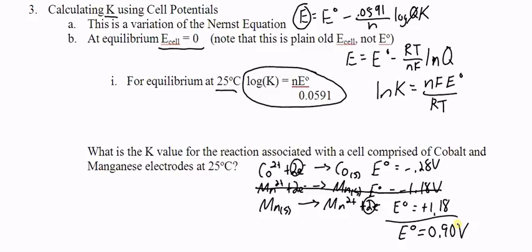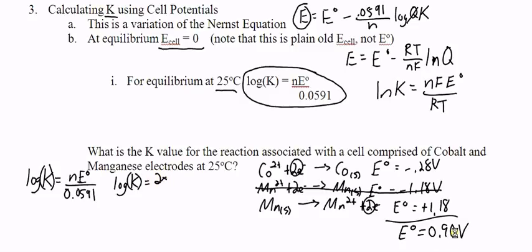So what we can do now is start working with the equation. So the log of K is going to equal, and I suppose we can keep that in parentheses for good measure, n times standard cell potential over 0.0591. So as we look at the work that we have here, we've got a lot of the numbers that we're going to need to get going on calculating our equilibrium constant. And so n, as I had circled previously, that's the number of moles of electrons that are going to be transferred, which ends up being 2.